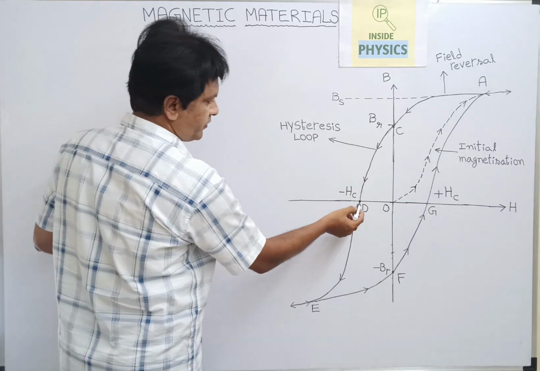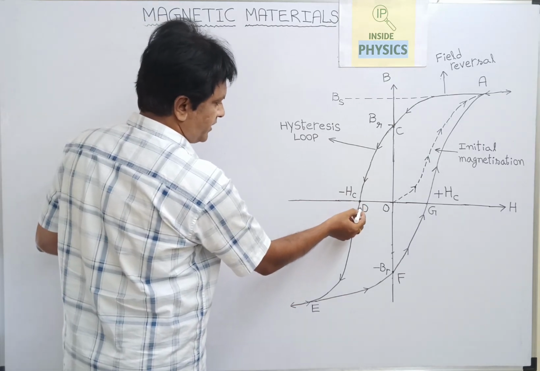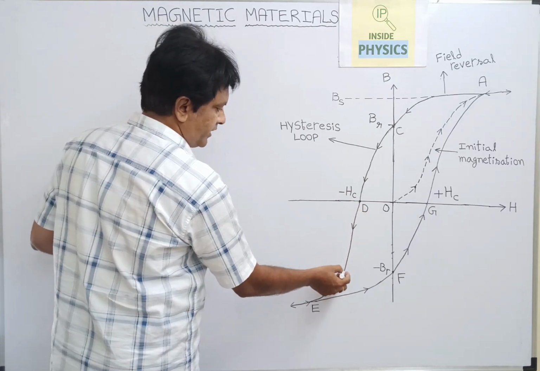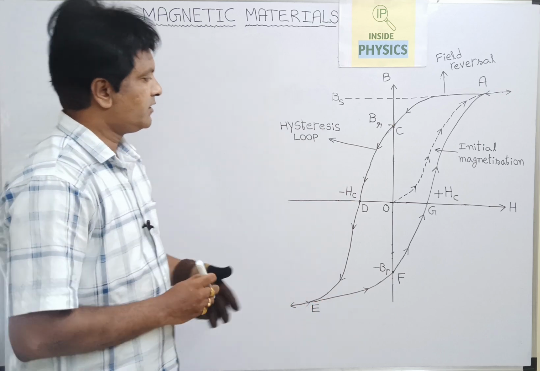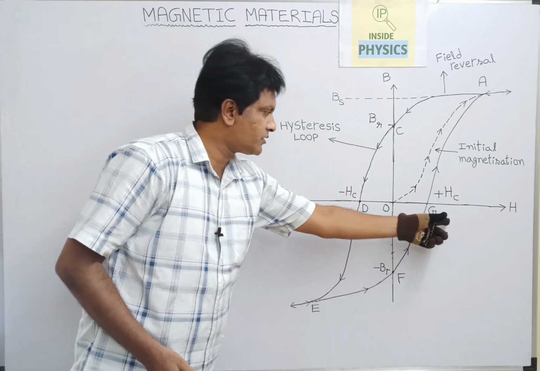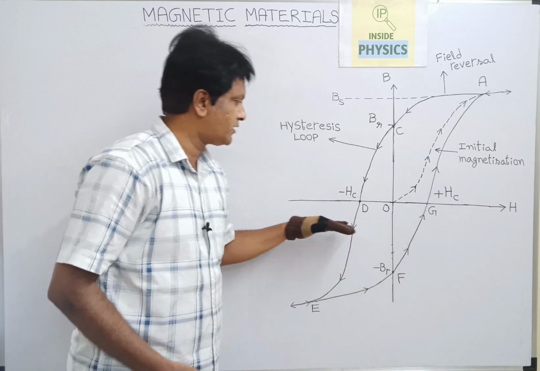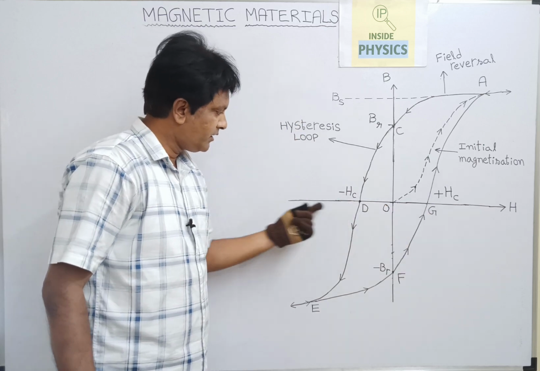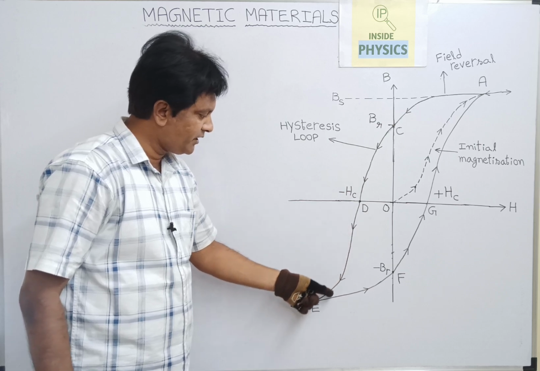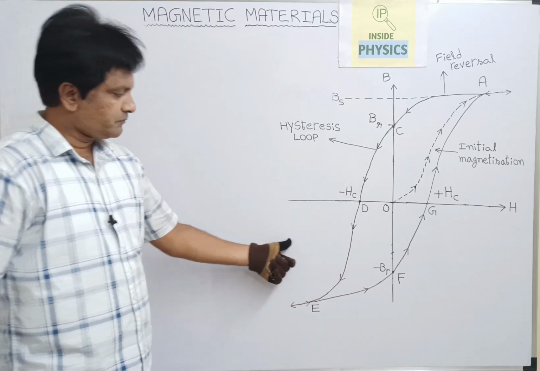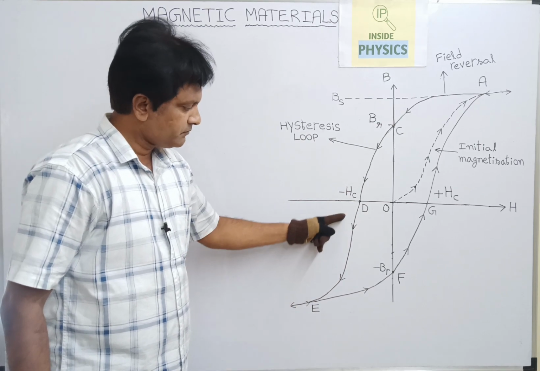And again, if you observe, the reverse directed magnetic field has been increased. In the first two steps the field was in the positive direction, and next in the negative direction we are increasing the magnetic field again. Then what happened?